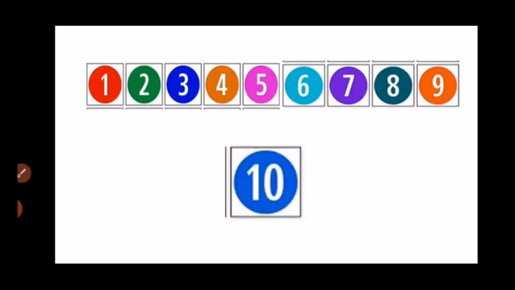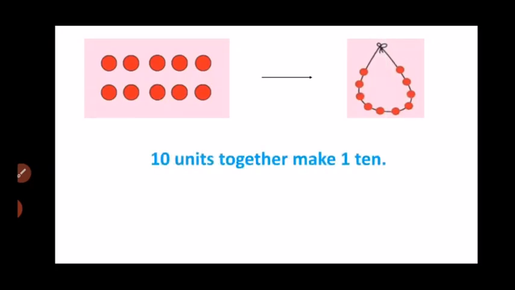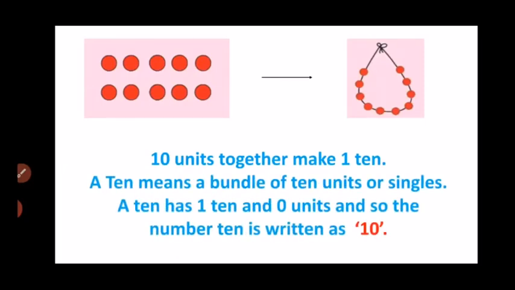Now children, 10 units together make 1 ten. A ten means a bundle of 10 units or singles. A 10 has 1 ten and 0 units, and so the number 10 is written as 1 and 0.